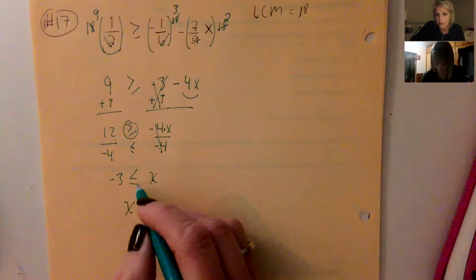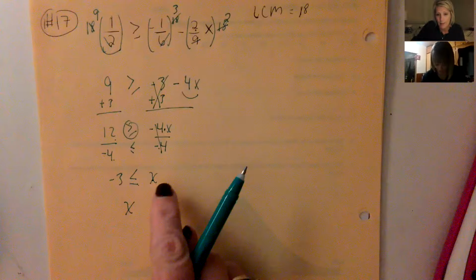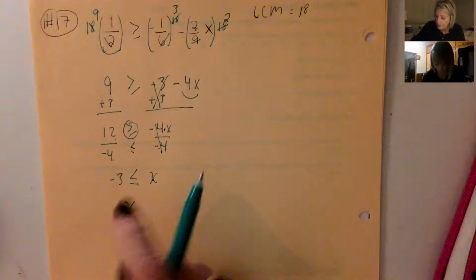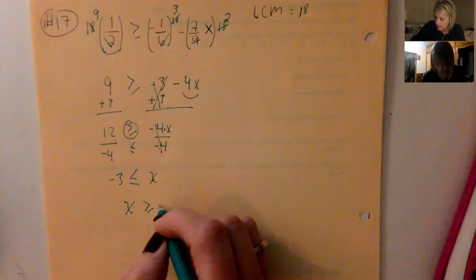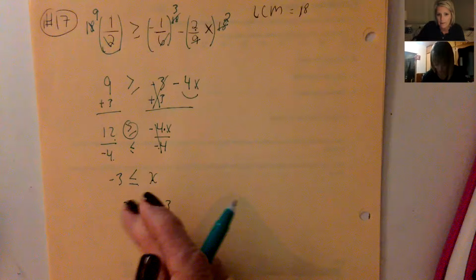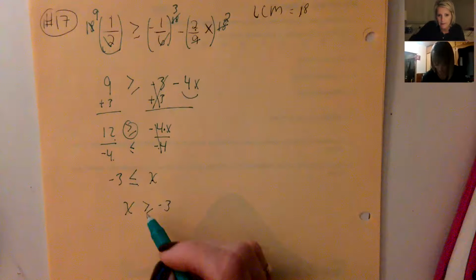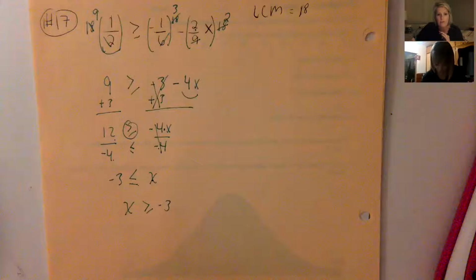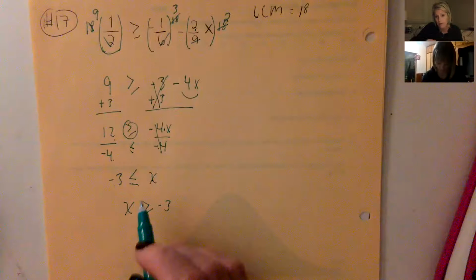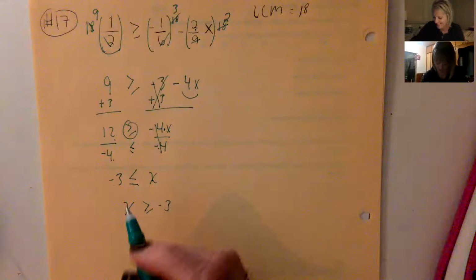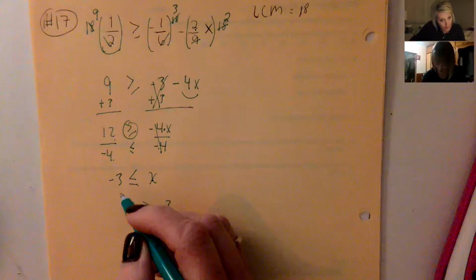So I'm flipping my sign, not because of the negative, but because I want X on the left-hand side. So it's really X is greater than or equal to -3. They're just swapping places, and then I'm flipping my sign. Again, this is only because I have a hang-up with my variable being on the right. We all have bugaboos, and this is my bugaboo.